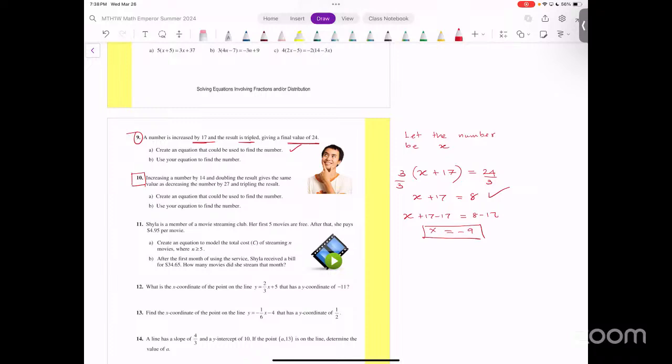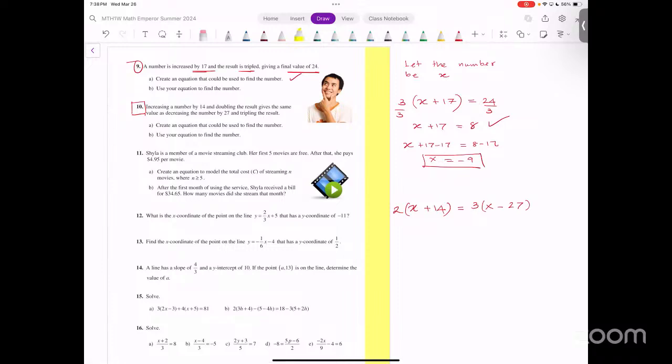Why not? Okay. Increasing the number by 14. You guys say increase means add by 14. Doubling the result. Gives the same number as decreasing the number by 27 and tripling the result. What's the difficulty here?